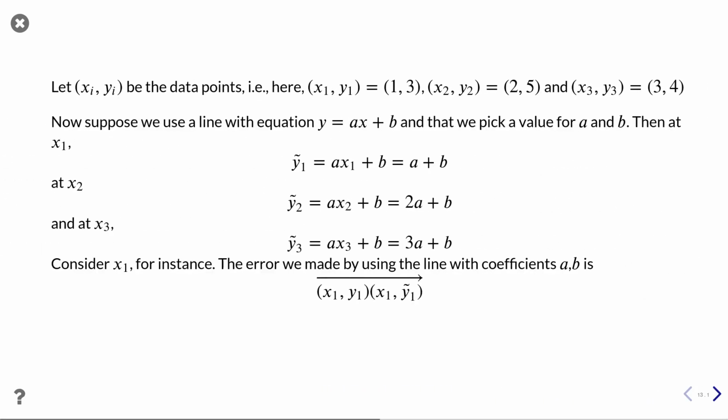This is how we formulate the problem in general. Let me consider x_i and y_i, the indices i, to be the data points. So here, for instance, I have x1, y1 equals 1, 3; x2, y2 equals 2, 5; and x3, y3 equals 3, 4. I could have many more.